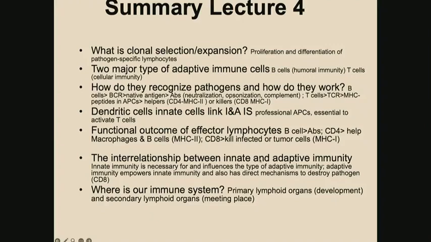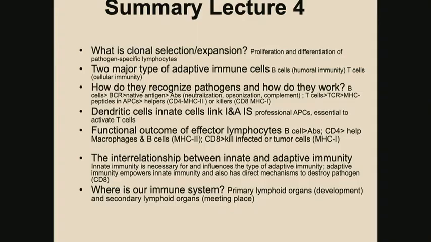Okay, so in lecture 4, we learned about clonal selection and expansion. We learned that we have billions of specificities in the adaptive immune system. The cells of the adaptive immune system are B cells and T cells. They develop before seeing their antigen, the ligand for their BCR, B cell receptor, or T cell receptor, in the bone marrow for the B cells and the thymus for the T cells.